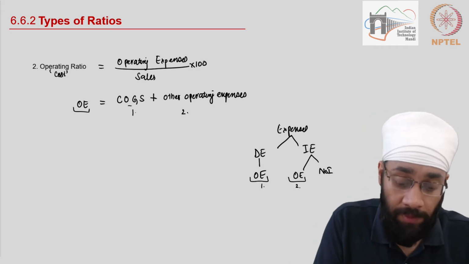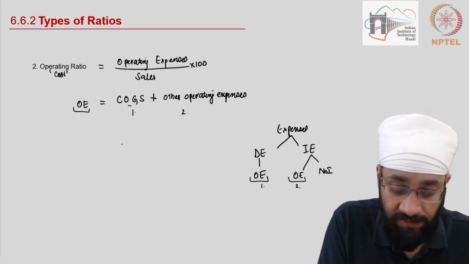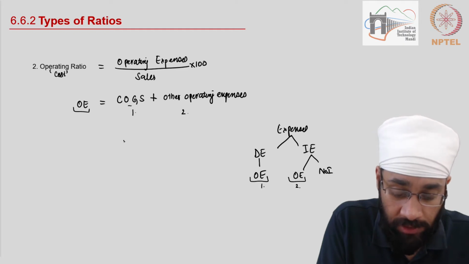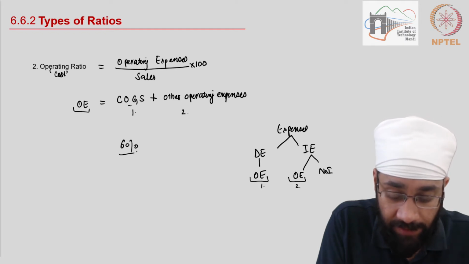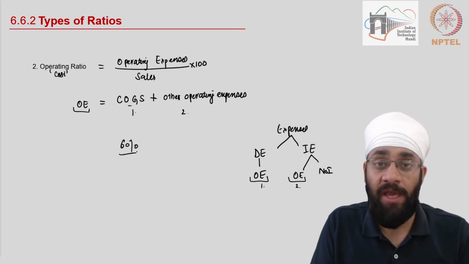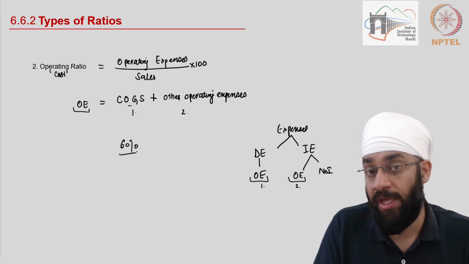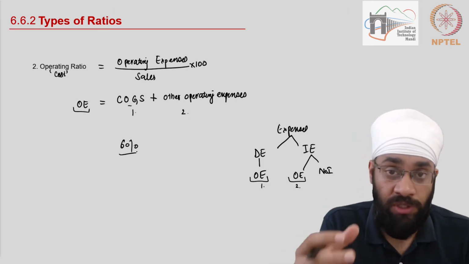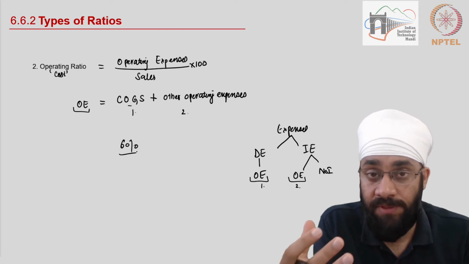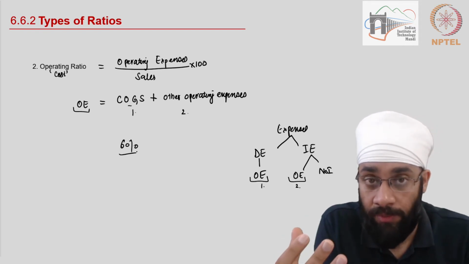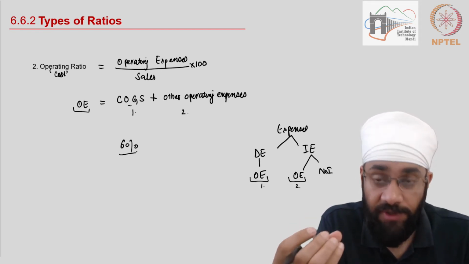Now, what does operating ratio mean? Let's say the operating ratio is 60%. That means operating expenses in the business, which are the expenses primary to the business, for which the business is being run, directly contributing to the generation of revenue.